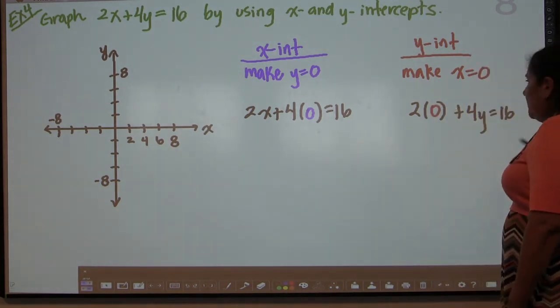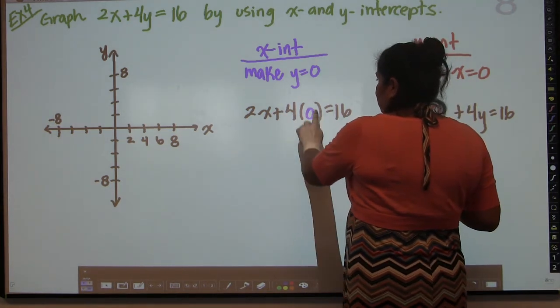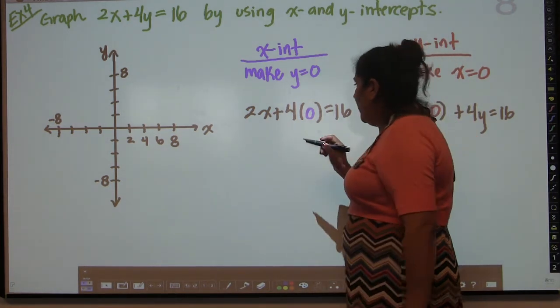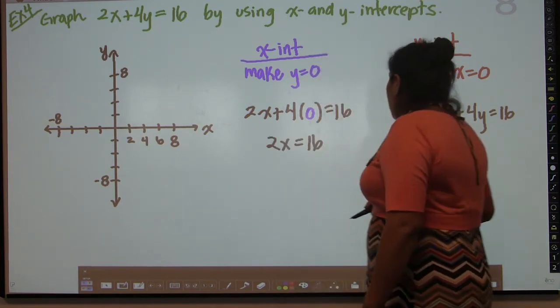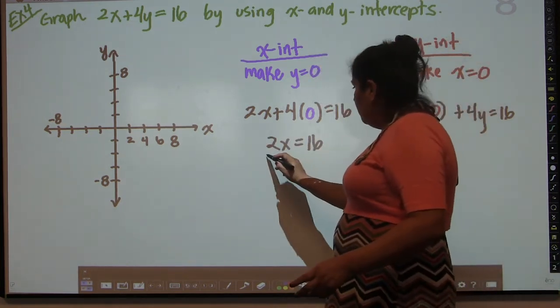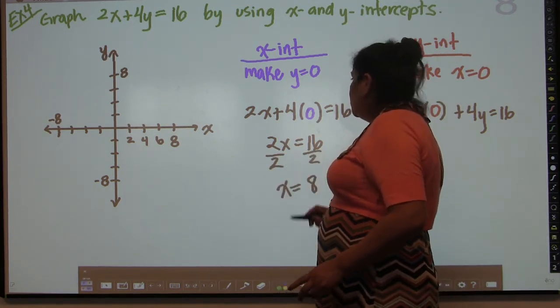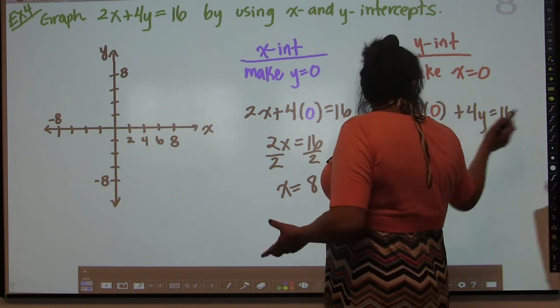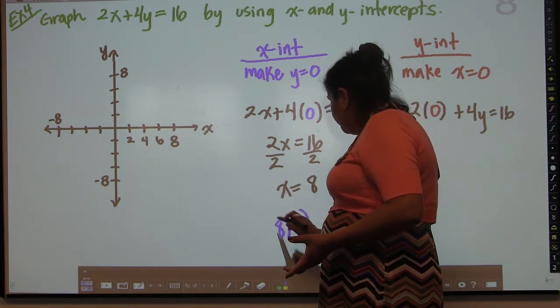Okay, now what's going to happen here is that because 0 times anything is 0, this entire term is going to disappear. And so all we're going to be left with is 2x equals 16. And then we're going to divide by 2, and x will equal 8. So the x-intercept for this graph is x is 8, y is 0.